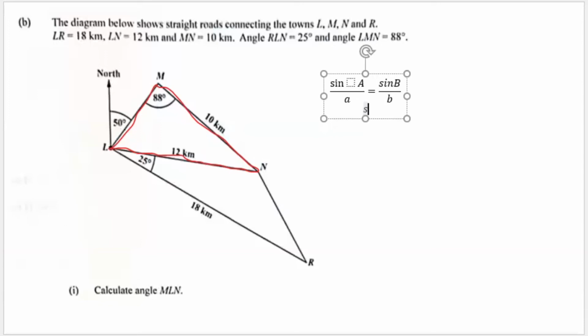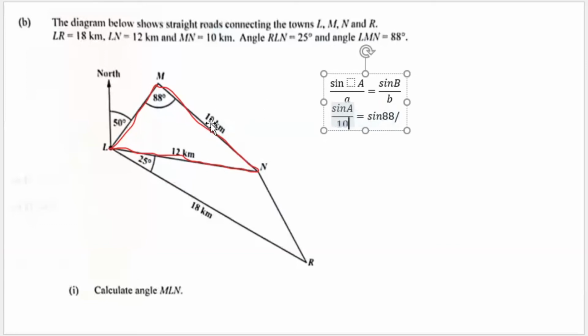So therefore, what we'll have is sine A being divided by A, which is 12 kilometers, is equal to sine B, which is 88 degrees, being divided by B, which is actually the 10 kilometers.